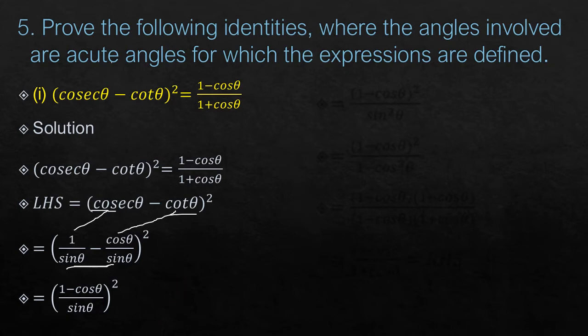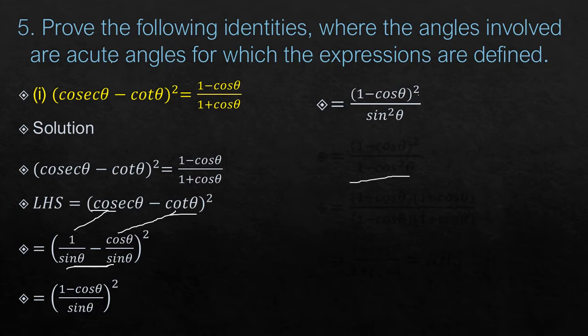Now what will you do in the next step? You will square the numerator and denominator separately. That is, you get (1 minus cos theta) whole square upon sine square theta. Now for sine square theta, you can use the identity. So in place of sine square theta, you will write 1 minus cos square theta.